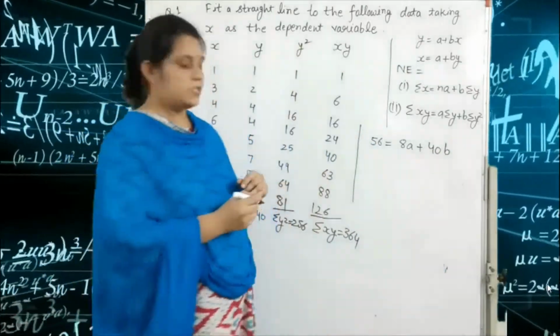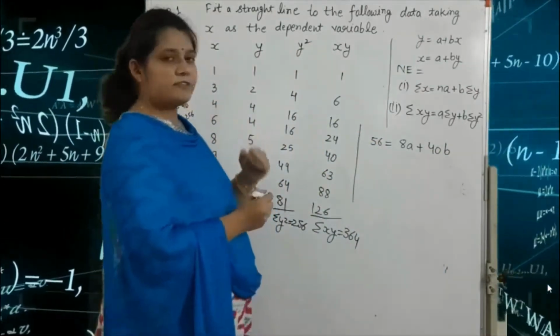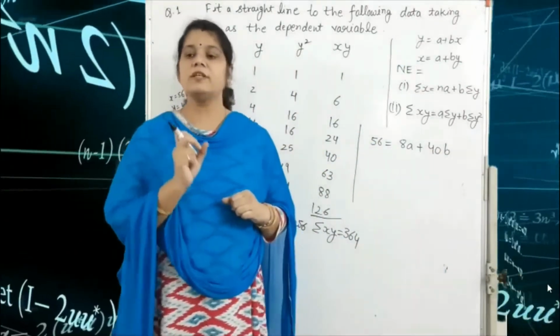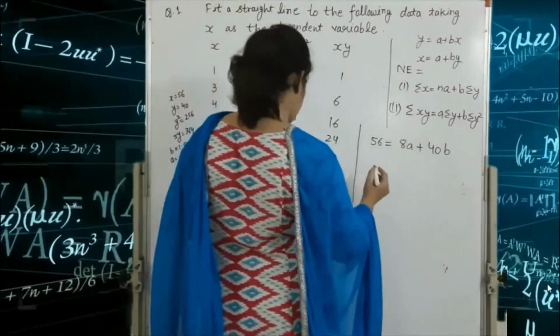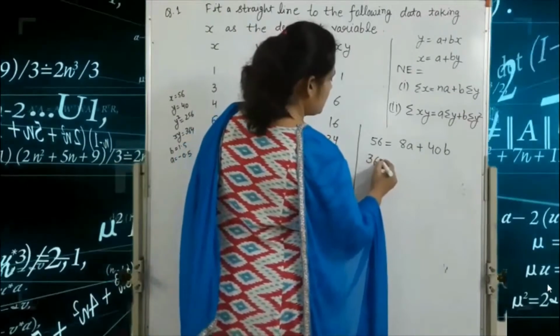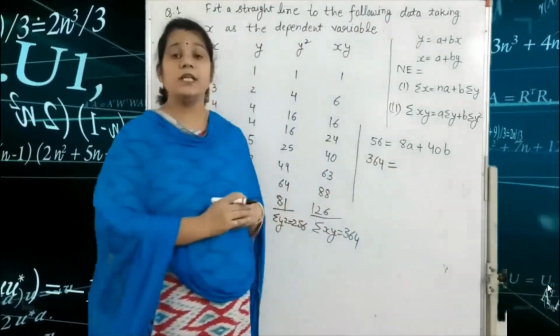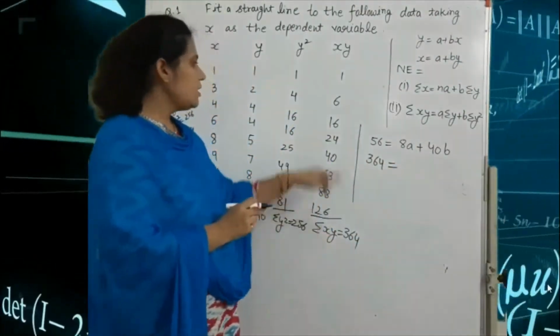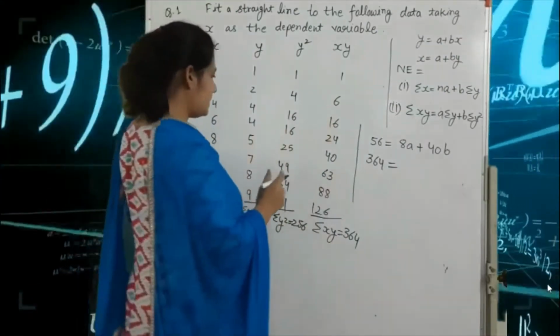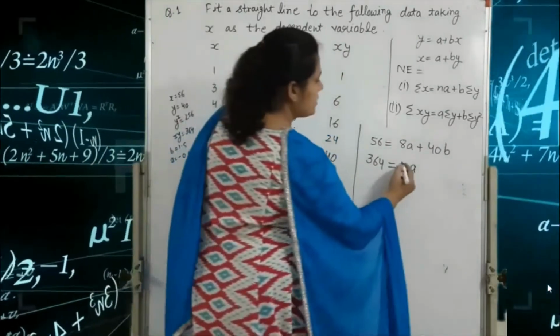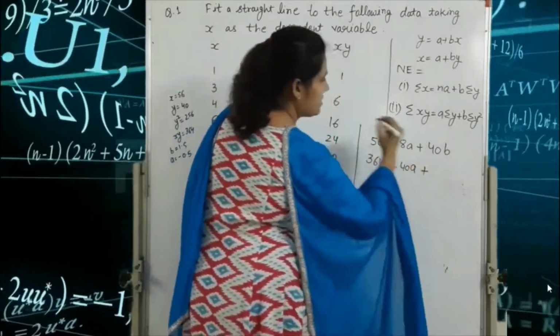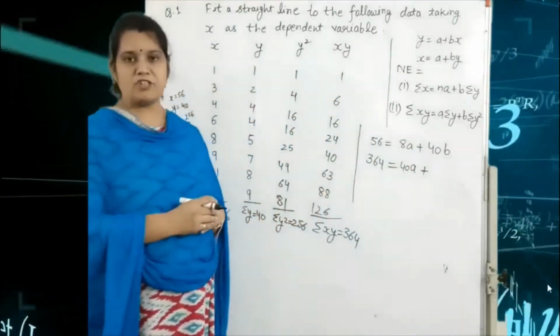Got it? So here the second equation is what? Summation xy, so summation xy means we have 364 is equal to a summation y, and the summation y is equal to 40, plus b summation y square.